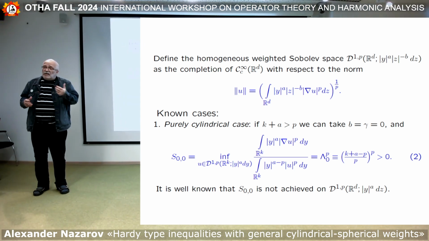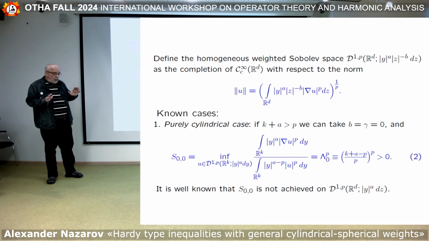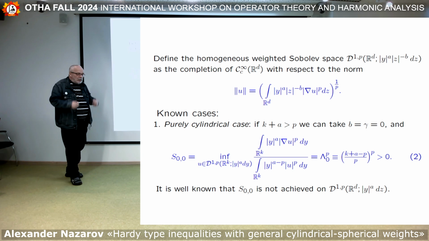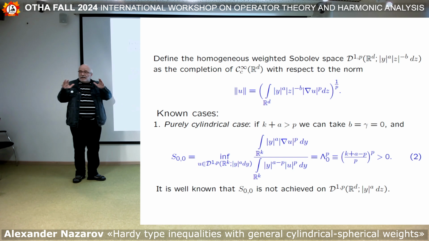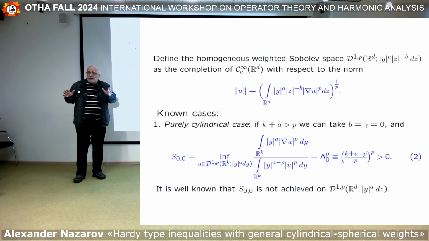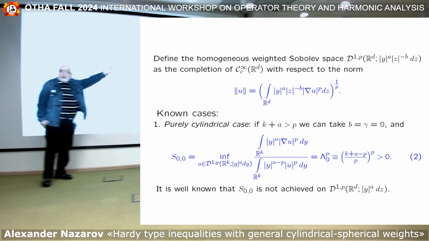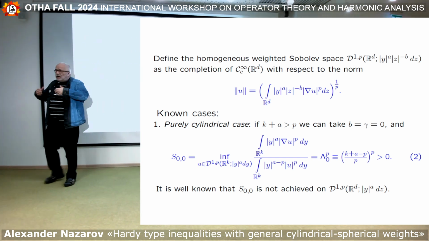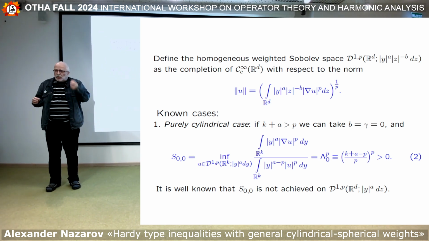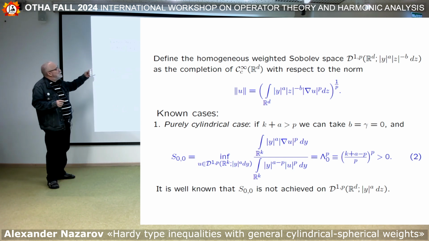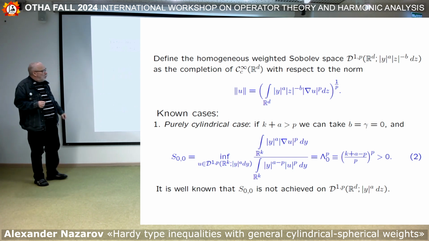If this inequality holds with some positive constant for all smooth and compactly supported functions, then we can take this space C0 infinity and complete it with respect to the norm in the right hand side. And we obtain a weighted homogeneous Sobolev type space, which is called D^{1,p} with the corresponding weight.